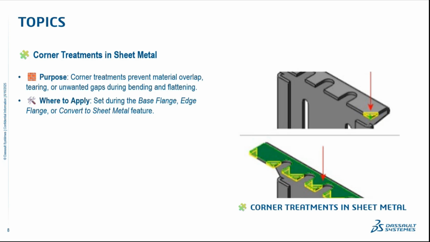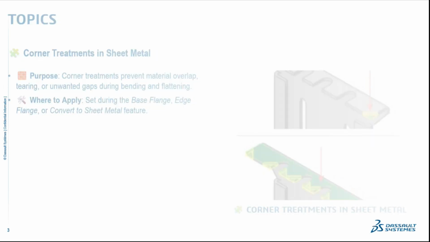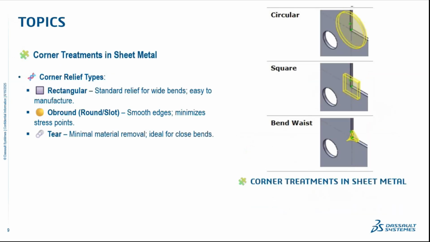It should be applied very technically and with concern, because if it is applied wrongly, you will surely have gaps between your product, and then it has to be welded or hammered just to get that gap out, which is not a preferable process of manufacturing.